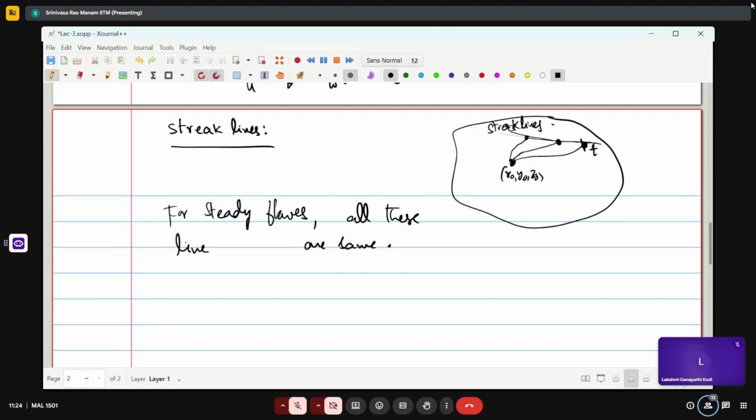It doesn't change with time. For example, U, V, W: U only depends on x, y, z, V only depends on x, y, z, and W only depends on x, y, z. That is basically steady flow. It does not depend on time.